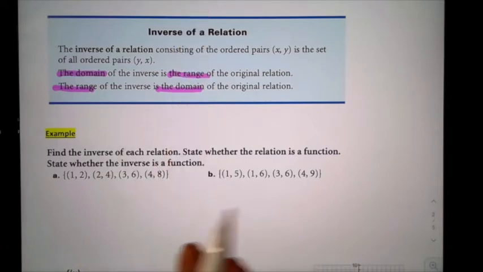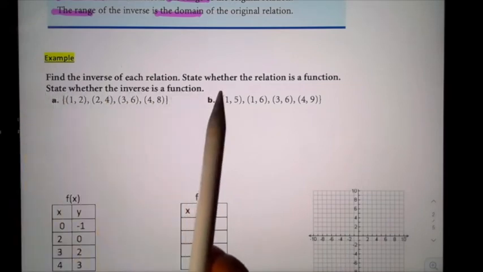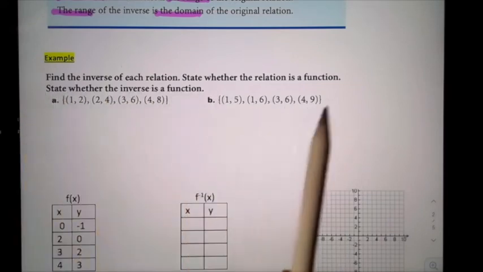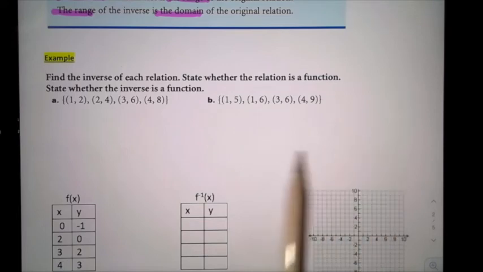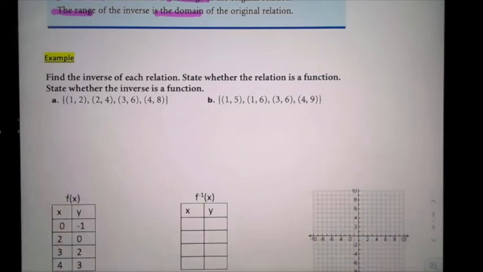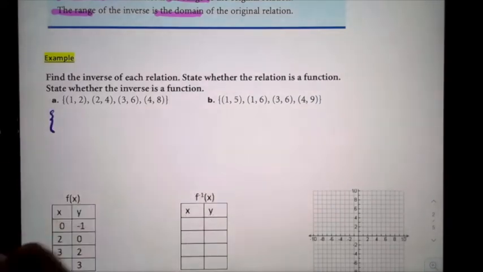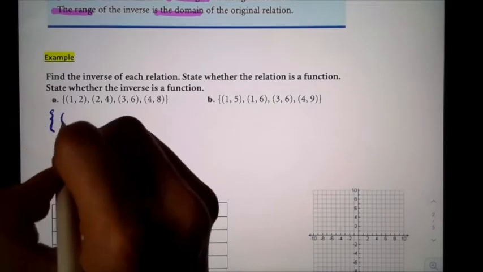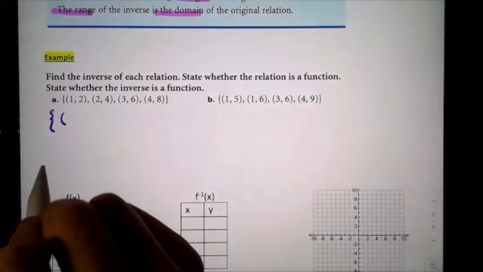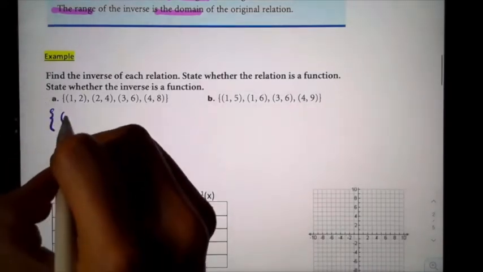Right? So example: find the inverse of each relation, and state whether the inverse relation is a function. First of all, I'm going to find my inverse. All you need to do is change x and y. So look, 1, 2: my x is 1, my y is 2, but for my inverse you need to change x, y.